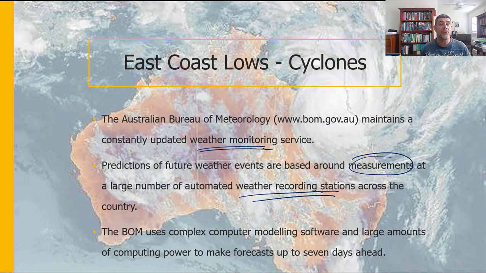So there's a lot of computer modelling software, large amounts of computer power, and lots of data that go into weather forecasting, and it really is quite a complex science.